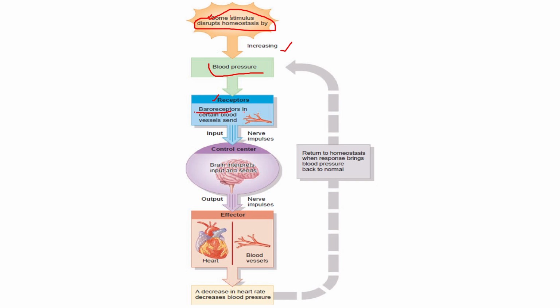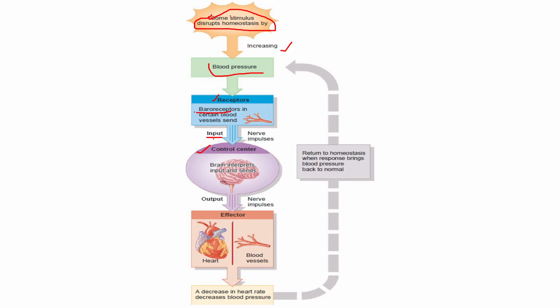They receive the stimulus, and then they send it as an input signal to the control center. Here the brain is the control center. They receive the input in the form of nerve impulse, and they will send it to the control center. Here the control center is the brain.